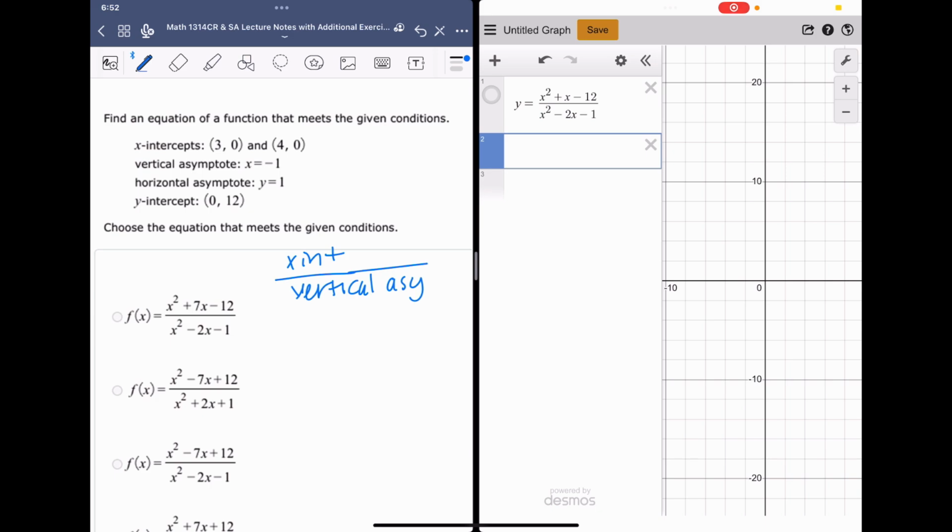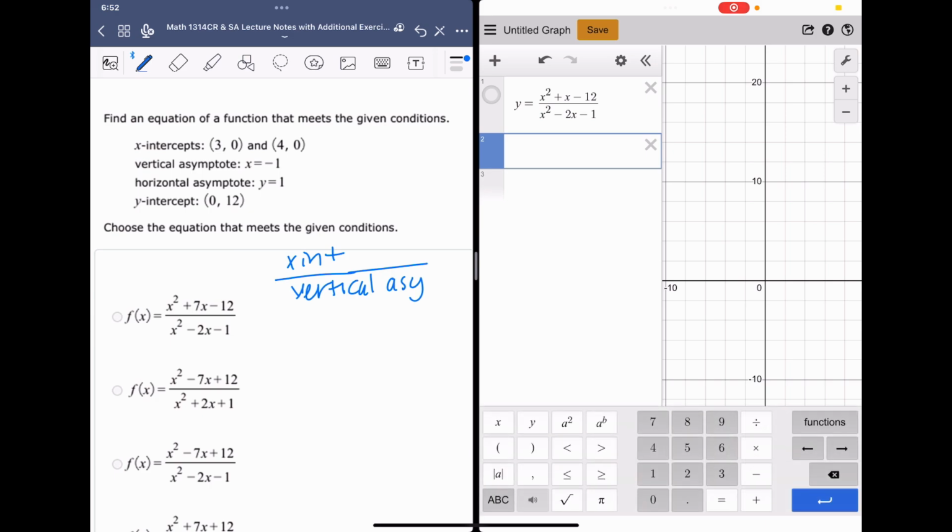So we're going down the list to make sure that we observe the right thing. Okay, so y equals x squared minus 7x plus 12 over x squared plus 2x plus 1.